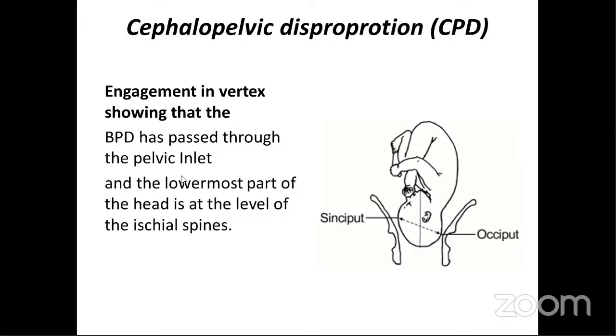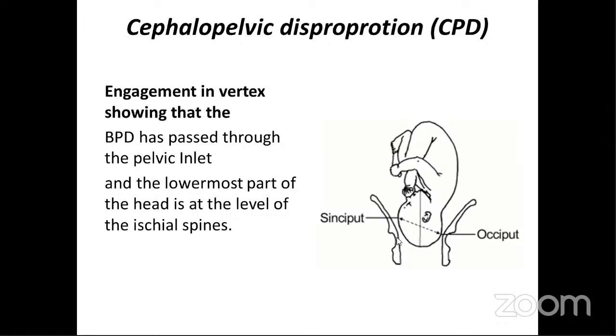And when the BPD of the vertex or the head passes through the plane of the pelvic inlet, what happens is the lowermost portion of the fetal head is at the level of the ischial spines, which is nothing but zero station. So this is the ideal position when we say the head is engaged, right?